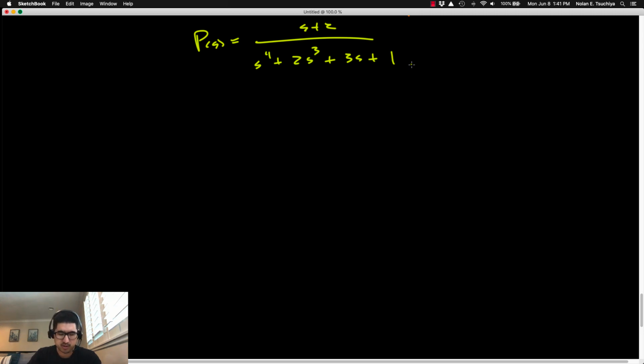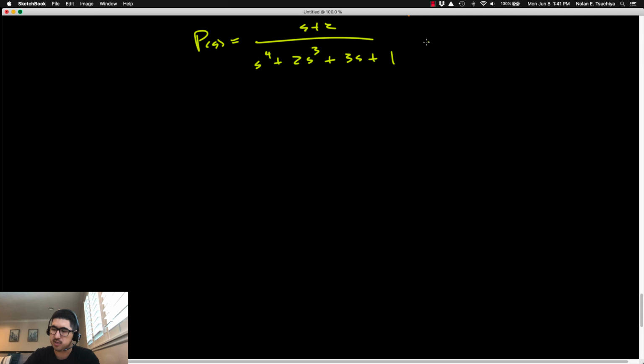For this transfer function, it's fourth order, so we want to apply the Routh table, correct? Incorrect, right? We definitely don't want to waste the time applying the Routh table to this transfer function to see if it's stable. Do you know why?